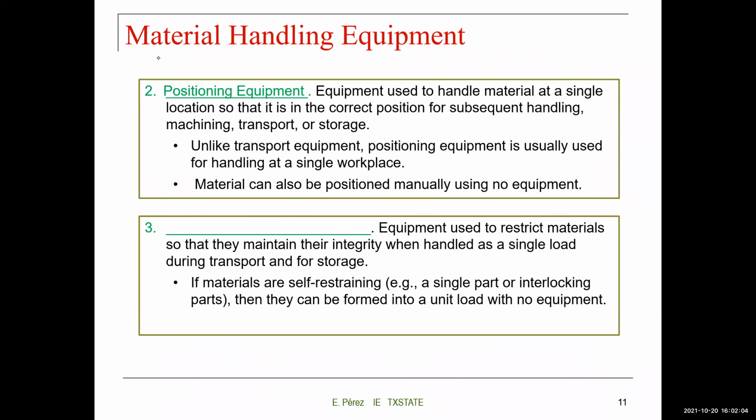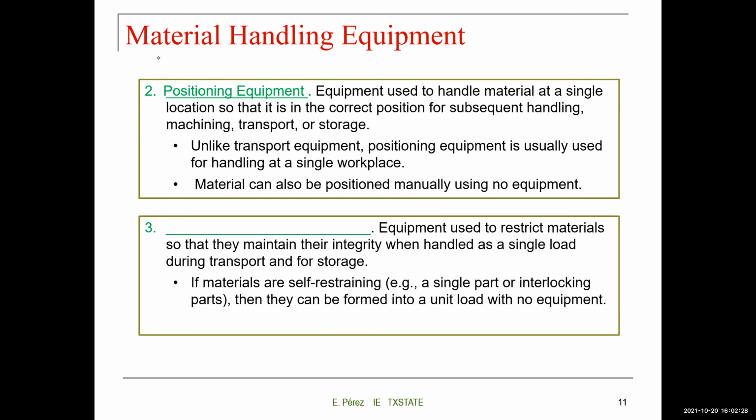The second one is positioning equipment. And this is equipment used to handle material at a single location so that it is in the correct position for subsequent handling, machining, transport, and storage. Unlike transport equipment, positioning equipment is usually used for handling at a single workplace.